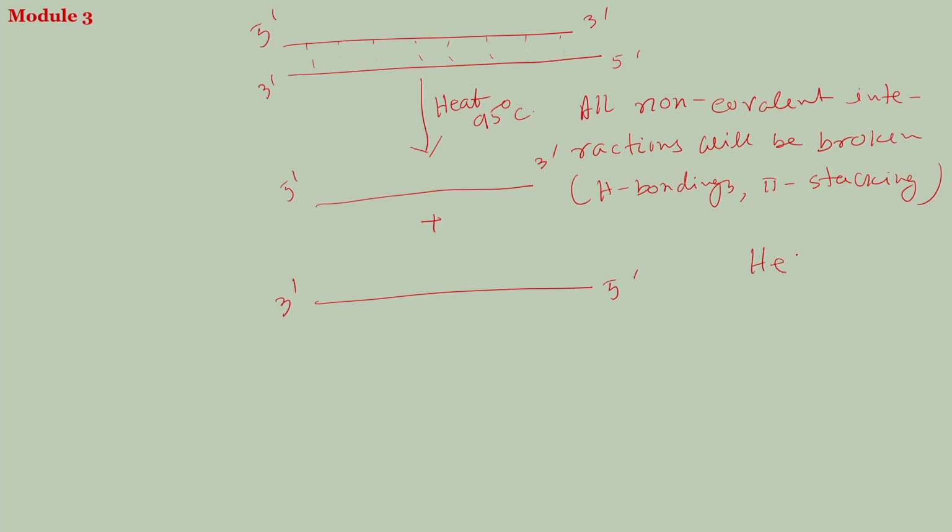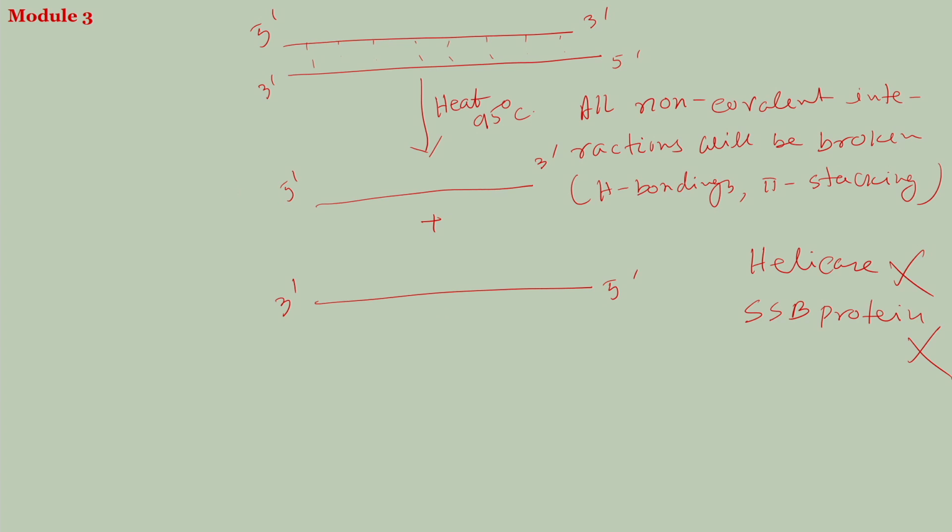So, since you have opened with the heat, you do not need helicase, it is not needed. Your SSB protein not needed. Now, you move on to the next step, what else is required.